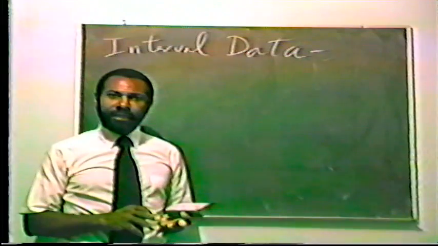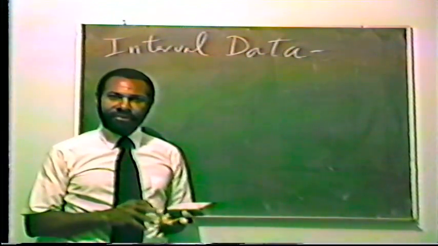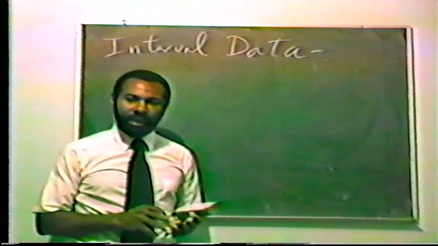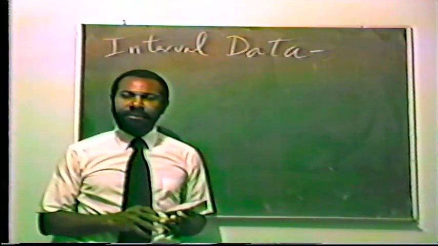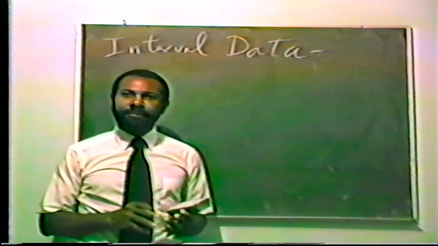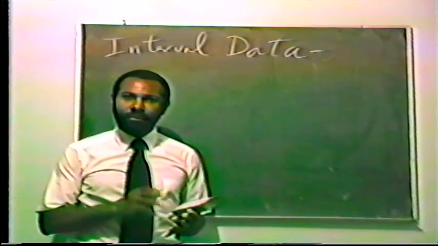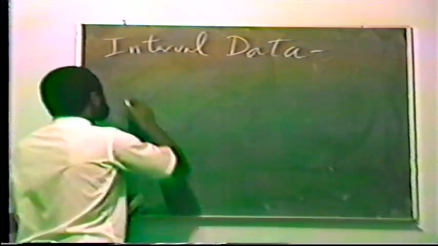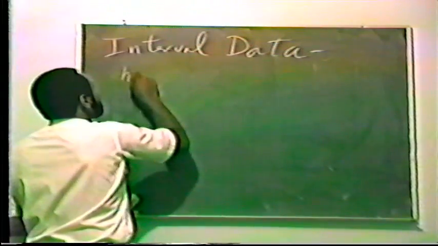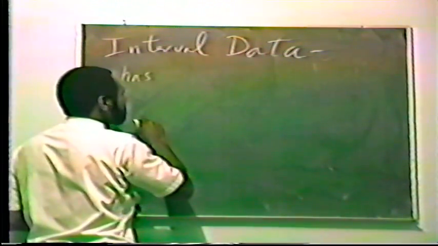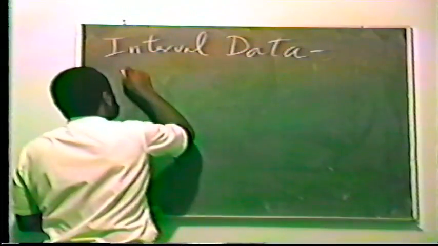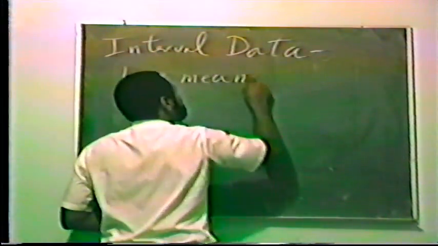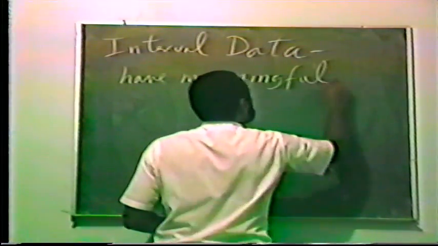We can categorize interval data, and interval data has the additional property that we can subtract one number in the data set from another number in the data set and get meaningful differences. So we'll say that interval data are data that have meaningful differences.